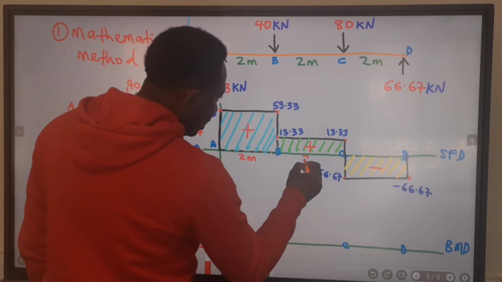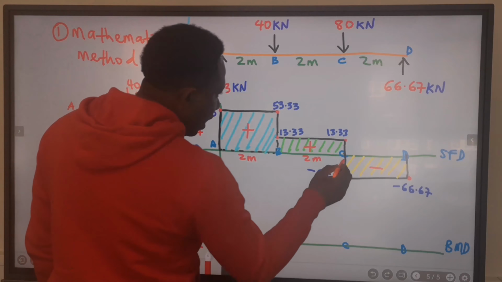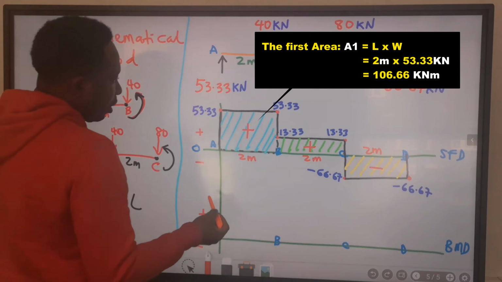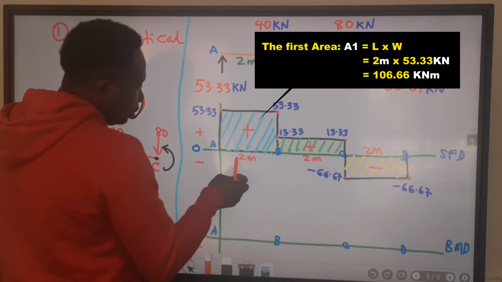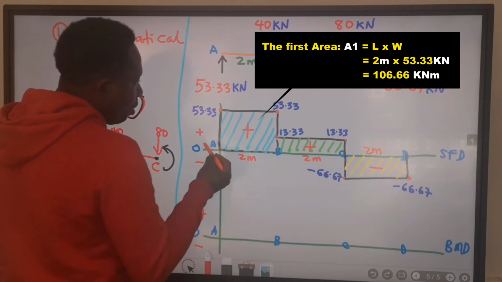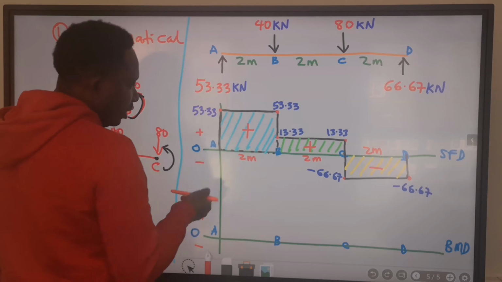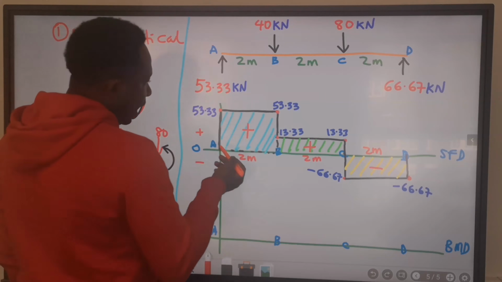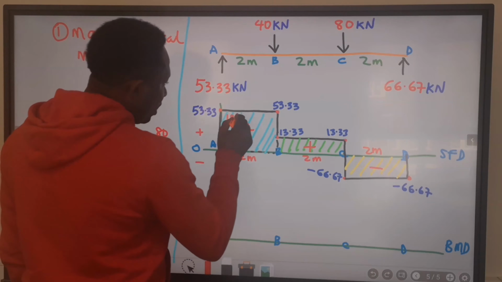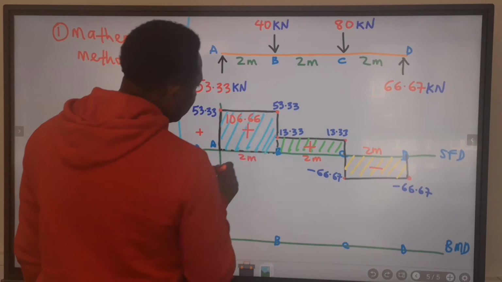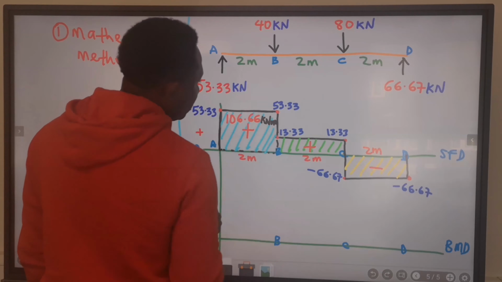From B to C is 2 meters. And from C to D is 2 meters. Hence, we're going to have 2 meters multiplied by 53.33 kilonewton. And we're going to have 106.66 kilonewton meters.